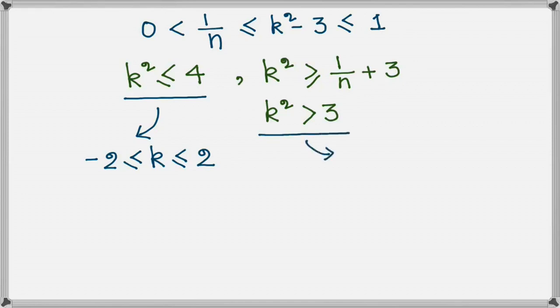That implies k is strictly bigger than square root of 3, or k is strictly less than minus square root of 3. To have a better understanding, let us draw the real line.